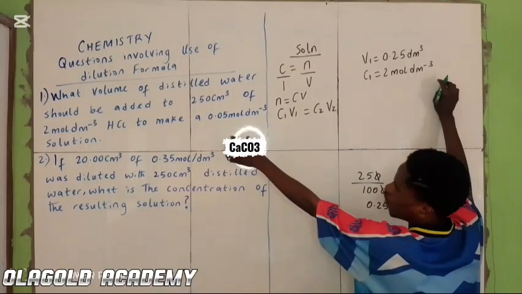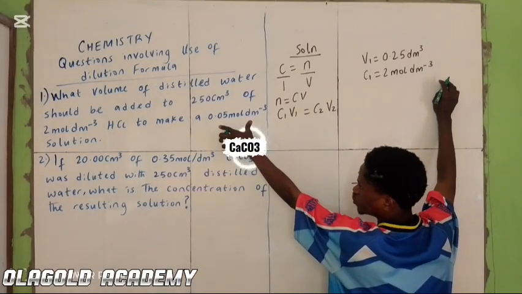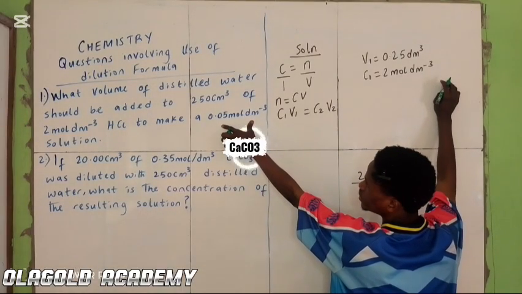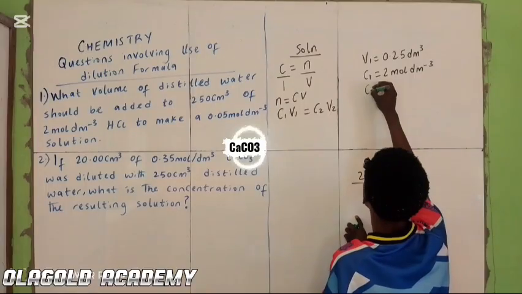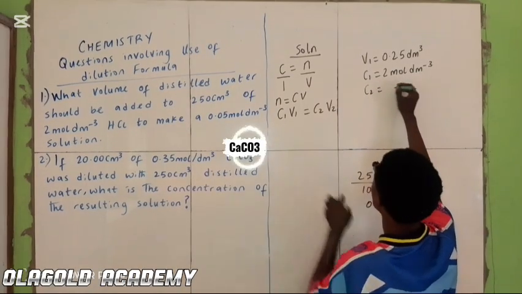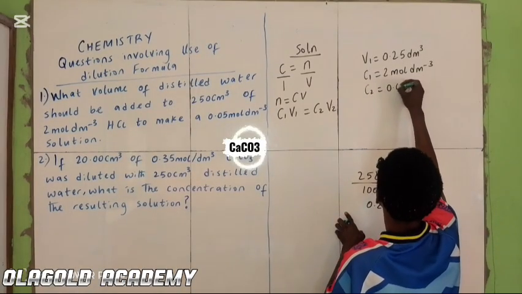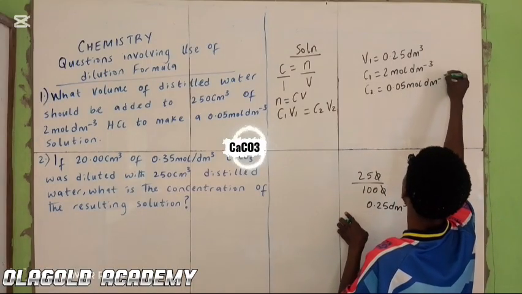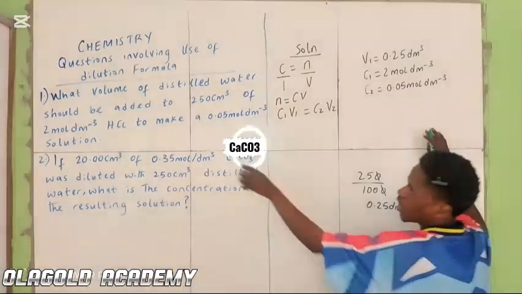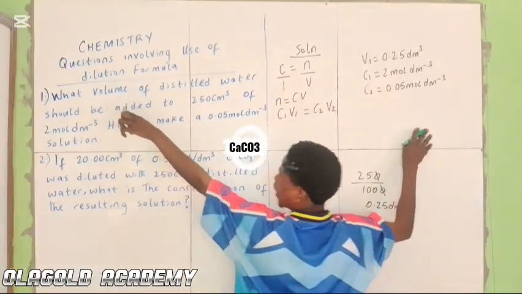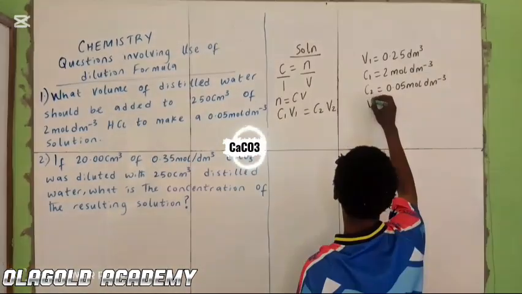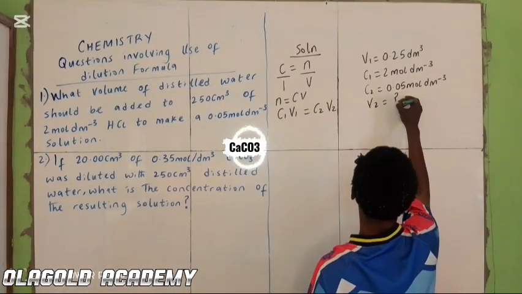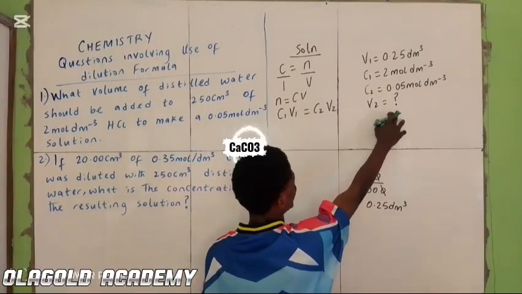Our next one we are having is concentration, so it becomes our C2. So our C2 equal to 0.05 mole per dm³. Now, this volume here becomes our V2. So our V2 equal to question mark is now unknown.